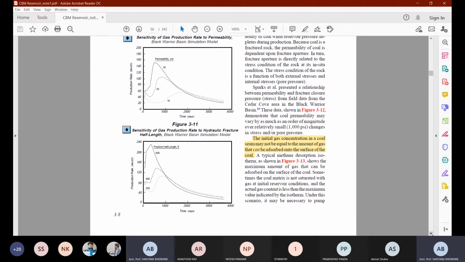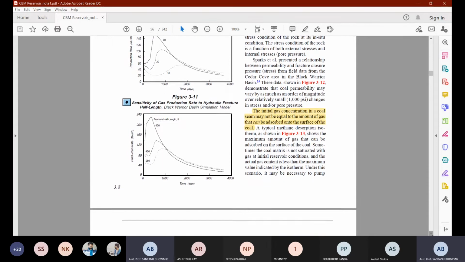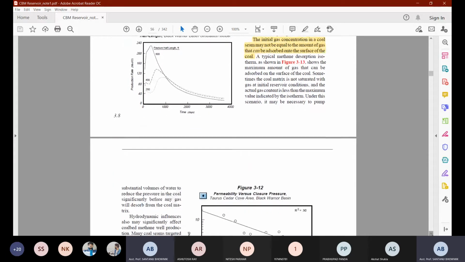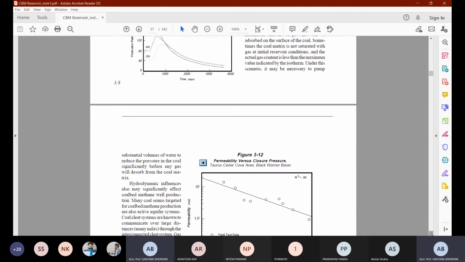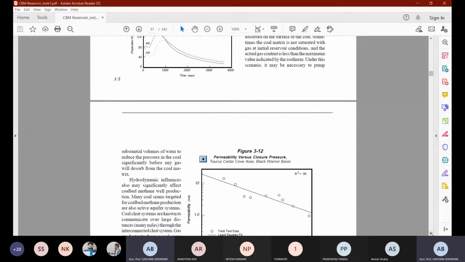Suppose at some 500-meter depth, the pressure available is 1.5 megapascal, or 1500 kilopascal.